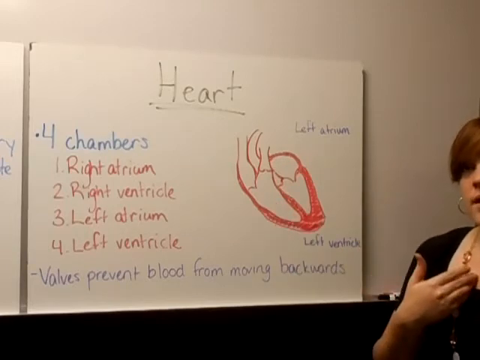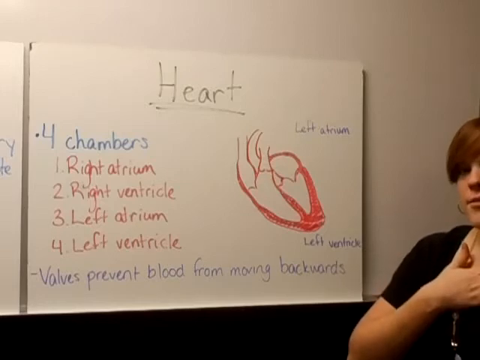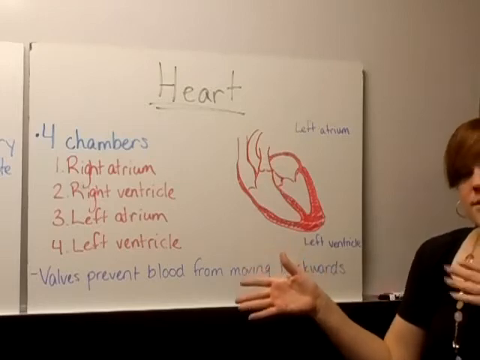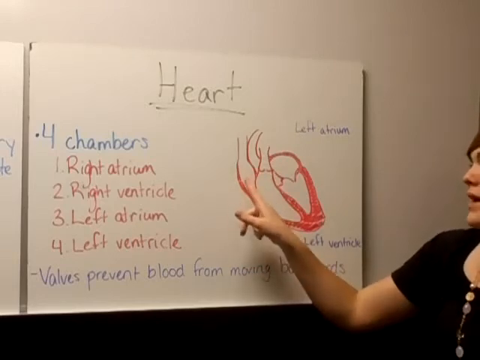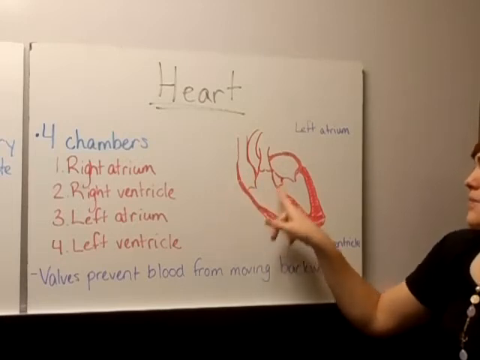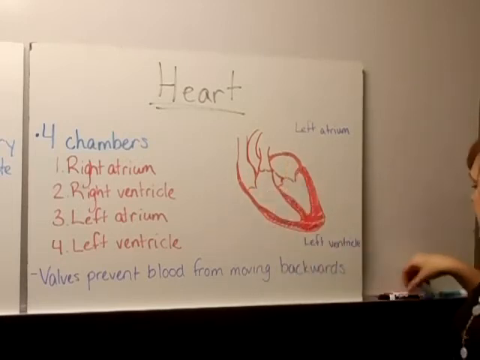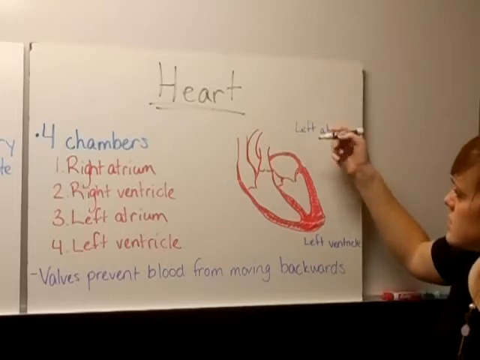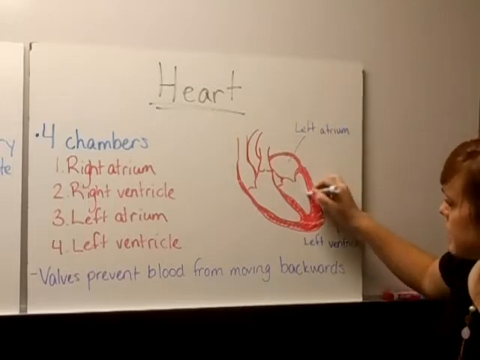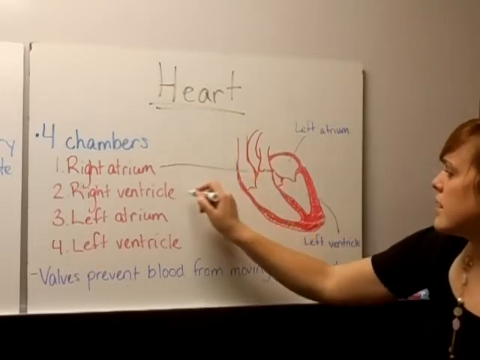So if you were looking at my heart from the front, this is my right-hand side, so this would be the right atrium. And this is the right ventricle, left atrium, left ventricle. So this is here, this one's here, here, and here.